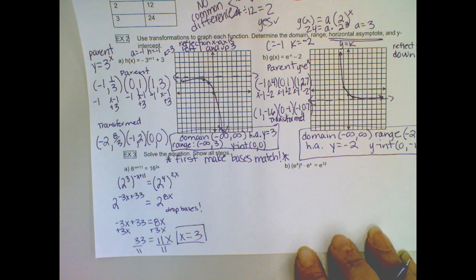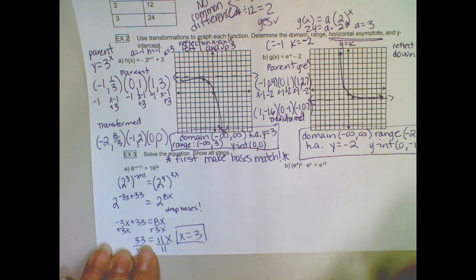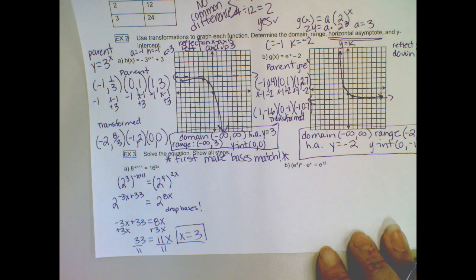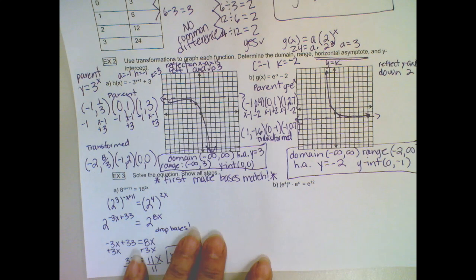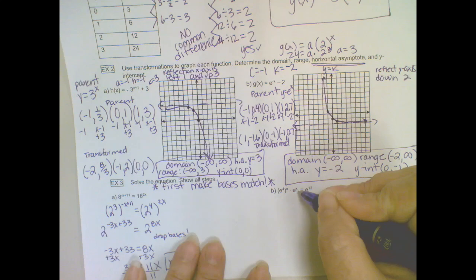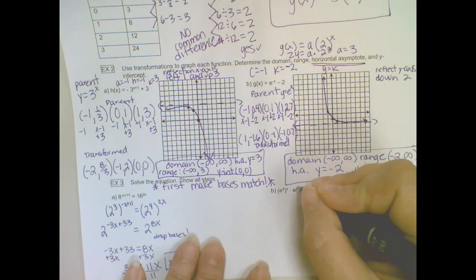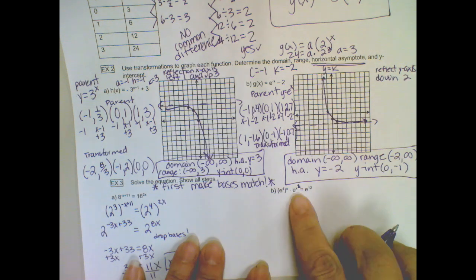If you think you may have made a mistake, that would catch it if it doesn't obviously work in the equation. So I made a mistake here when I typed this. I didn't have the equation editor, and I couldn't get, this is supposed to be x squared.